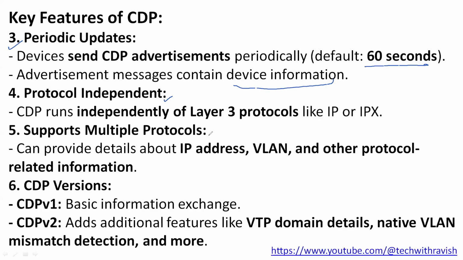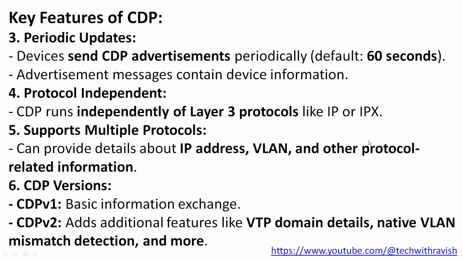It supports multiple protocols, like IP address, VLAN, and other protocol-related information. There are two versions of CDP. Version 1 is basic information exchange, and version 2 forwards the VTP domain details, native VLAN, mismatch detection, and so on. So version 2 is quite advanced compared to version 1.